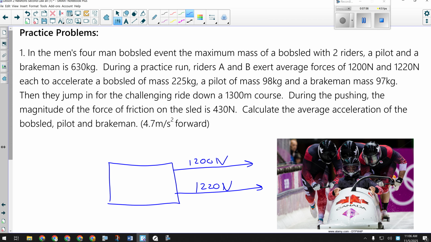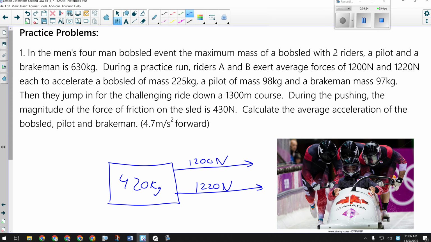Each to accelerate the bobsled with a mass of 225 kilograms, a pilot of 98 kilograms, and a brakeman of 97 kilograms. So we would have 420 kilograms as the mass there. That's being accelerated because the other 2 guys are still outside and their mass isn't counting. Then they jump in for a challenging ride down the 1,300 meter course.